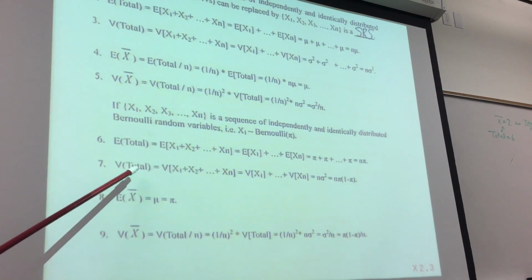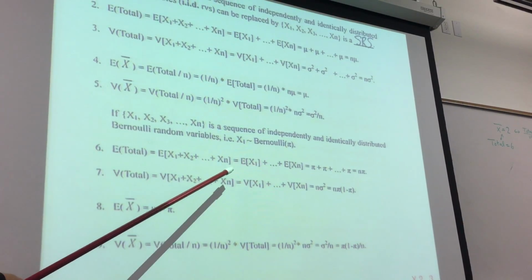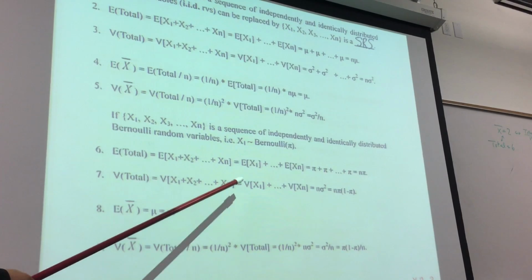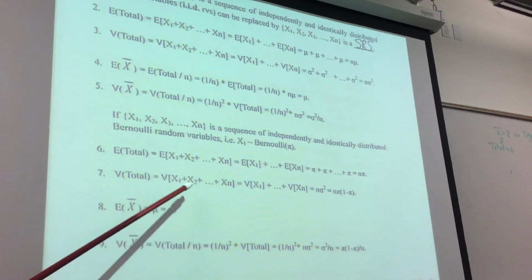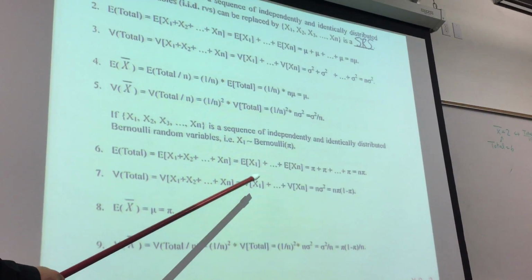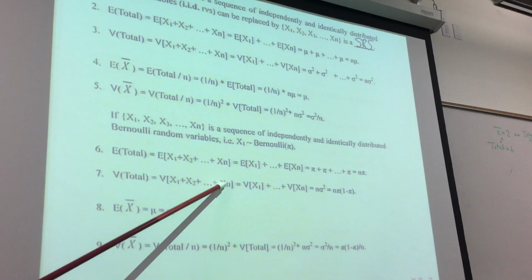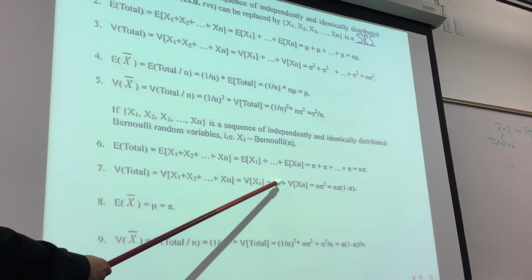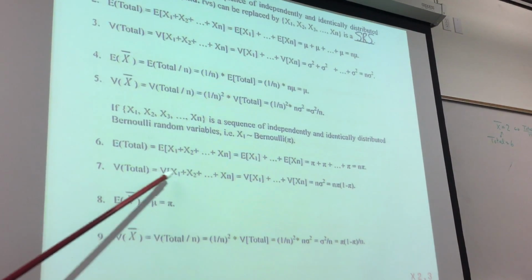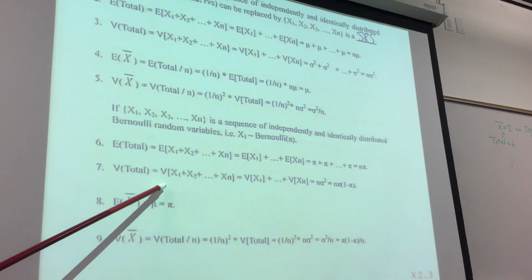And what's the variance of sample total? It's the variance of x1 plus x2 plus up to xn. Okay? By property 3, variance of x1 plus x2 when x1 and x2 are independent is variance x1 plus variance x2. Now we extend this one to xn. So it's variance x1 plus up to variance xn. But there is a condition that needs to be satisfied. That condition is what? Independent. Is that okay?